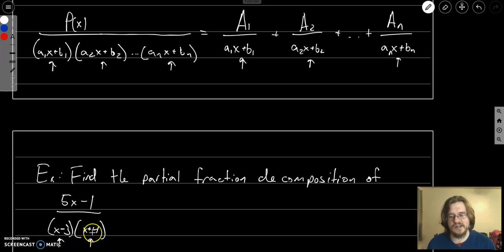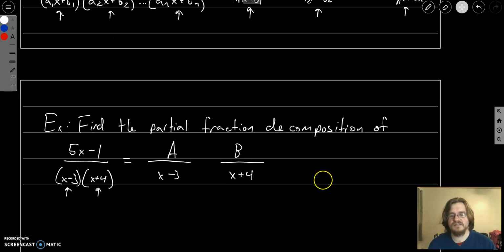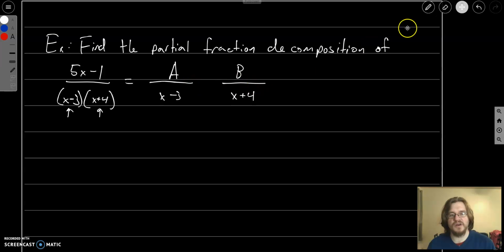It's just x minus 3 and x plus 4. I can write this as the sum of two fractions. One fraction is going to have an x minus 3 on the bottom. The other fraction is going to have an x plus 4 on the bottom. What will go on top? Just some numbers. I will call them a and b. So, the question is, what are a and b?